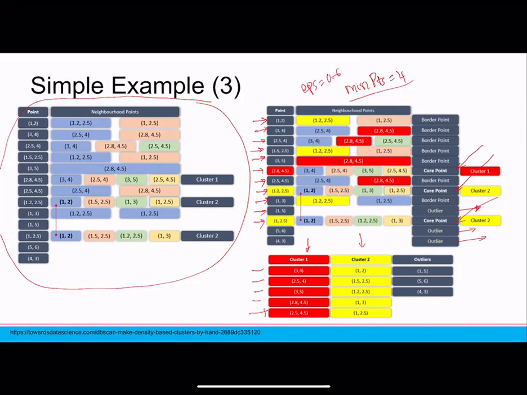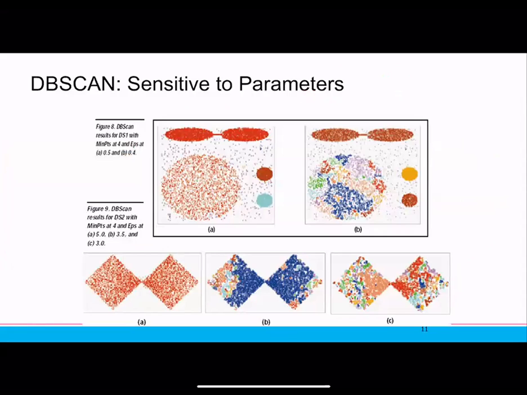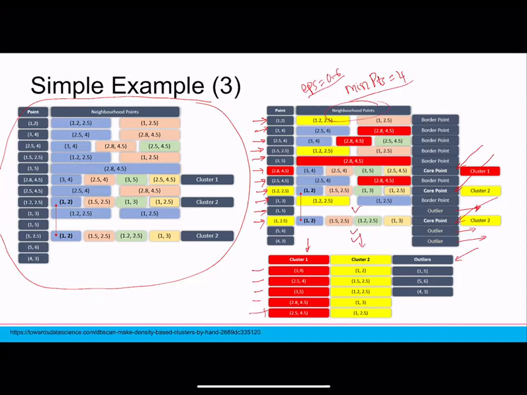This is cluster 2, because they are in the radius 0.6 and there are a minimum of 4 points. What about the other 3? Because they have no neighborhood, the nodes which have no neighborhood are the outliers. Okay, can you understand?